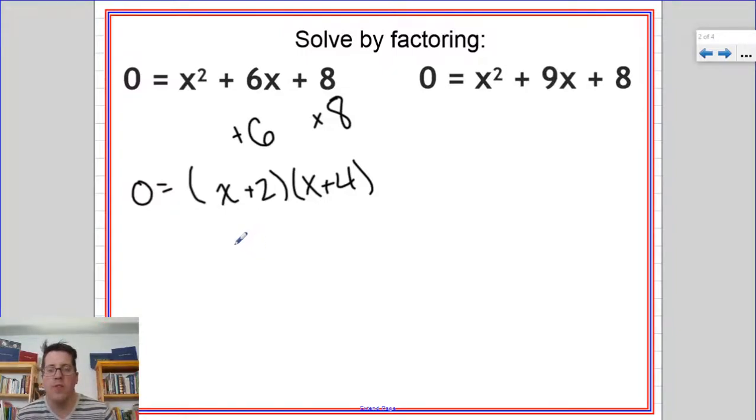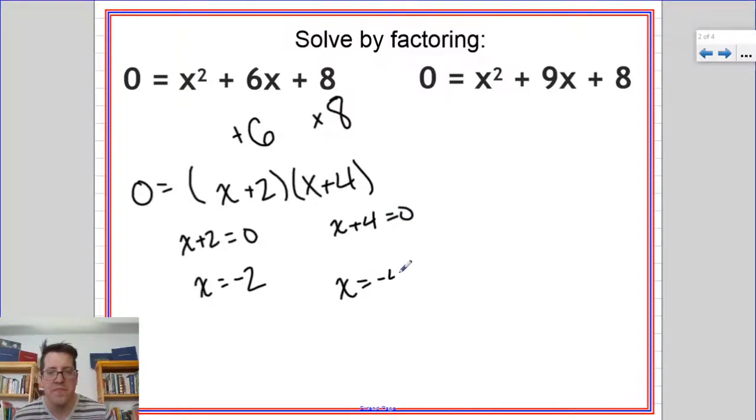So, what are the solutions to the equation? Well, either x plus 2 equals 0 and x equals negative 2, or x plus 4 equals 0 and x equals negative 4. So what that means is if you plug in negative 2 to the original equation, the equation will be true.